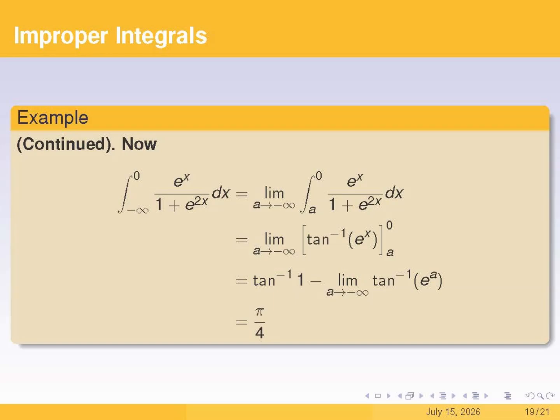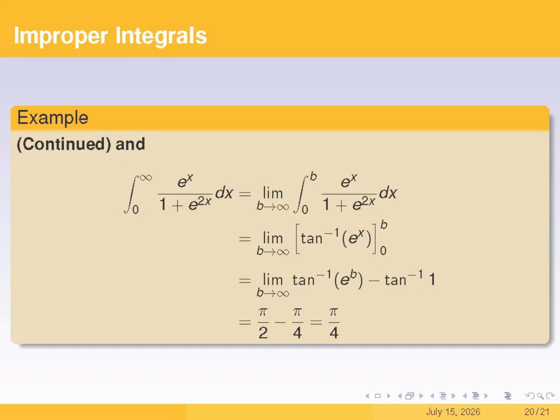We will start by calculating the improper integral from negative infinity to 0. First, let's rewrite it as the limit of a definite integral, just like the first line on the screen. Once we compute the definite integral, we let it go to negative infinity, and that gives us the value of the improper integral, which you can see on the last line.